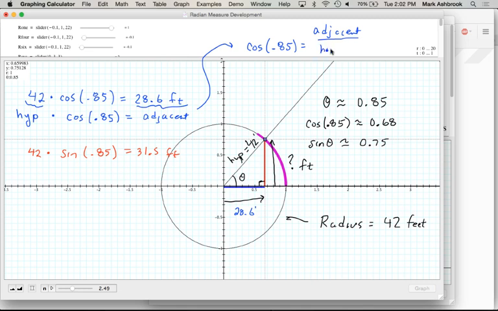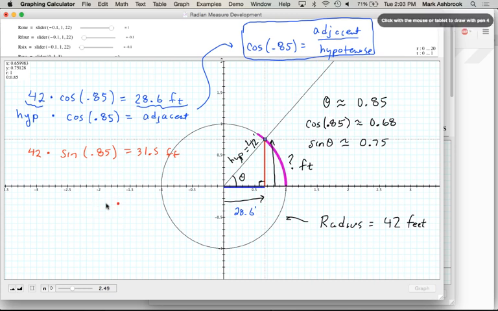Same thing. So the fraction that 28.6 is of 42 is how many radius lengths to the right we are, right? And that's why it's the cosine. So if you took 28.6 divided by 42, you'd get how many radius lengths you are to the right, or the cosine. And so that's adjacent over hypotenuse.